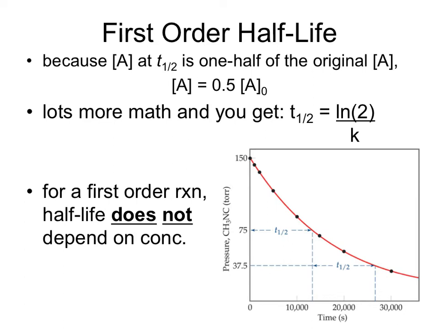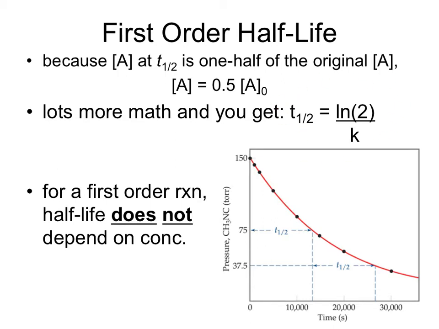Basically, we know that in a first order reaction, the concentration at a half-life is going to be half of the original concentration. So for every half-life that occurs, we'll have half of the previous amount of our reactant. This leads to this half-life equation here.